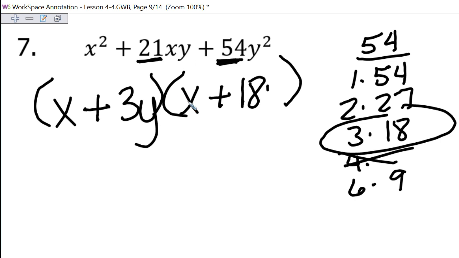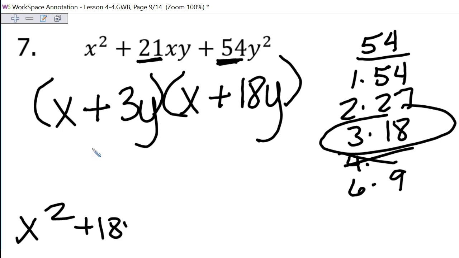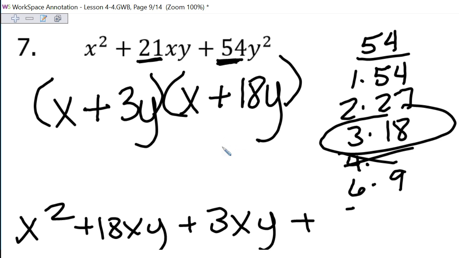Now, if I double distribute, x times x is x squared. X times 18y is 18xy. 3y times x is 3xy, writing it alphabetically. And 3y times 18y is 54y squared.